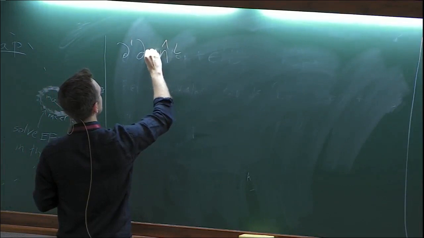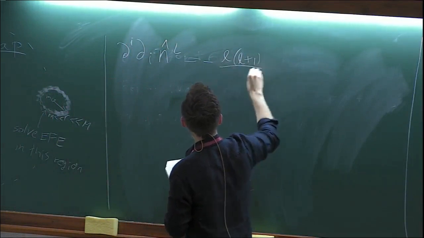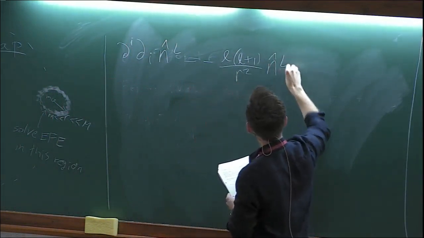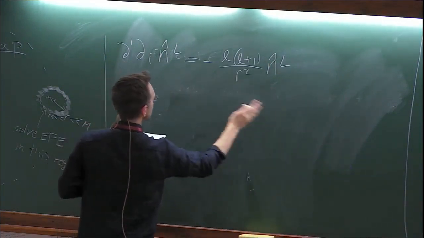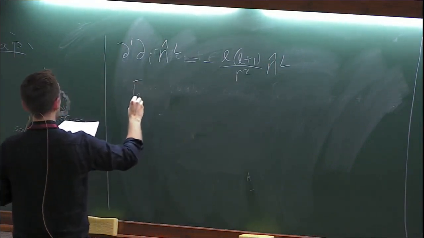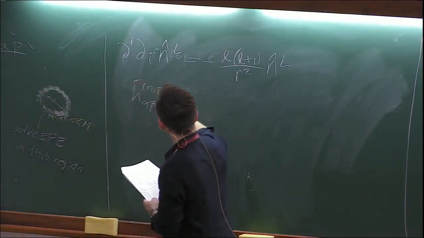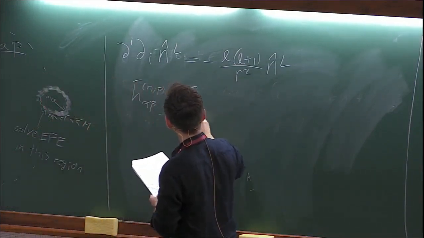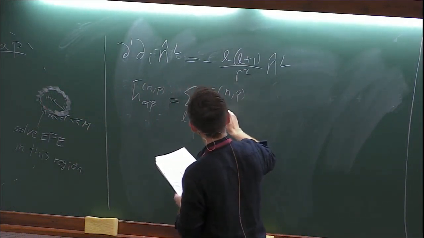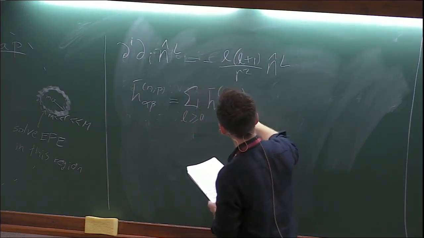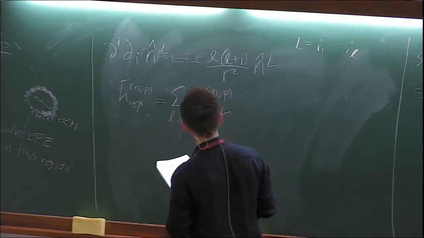The flat space Laplacian acting on n hat L is minus l(l+1) over r squared n hat L. So we're going to write h bar n p alpha beta as a sum over L greater than or equal to 0 of h bar n p alpha beta L. So L just means I1 up to I lowercase l.